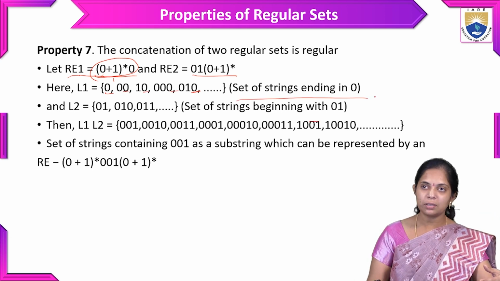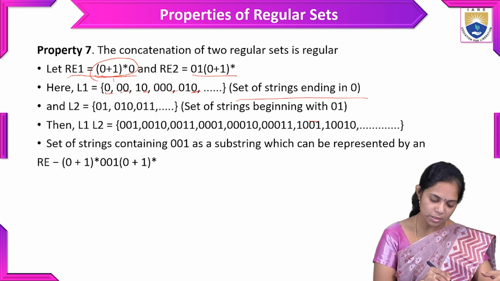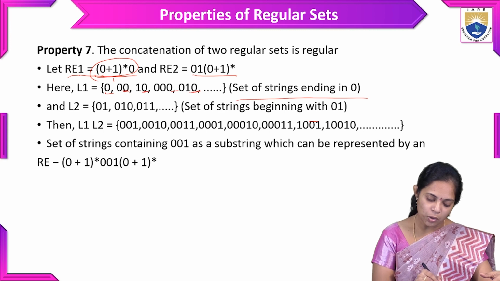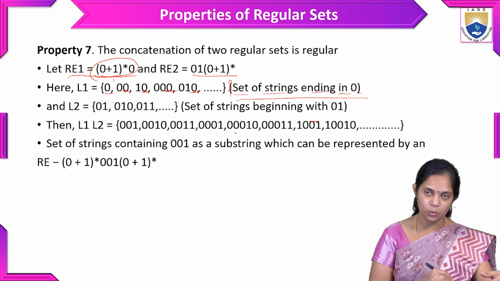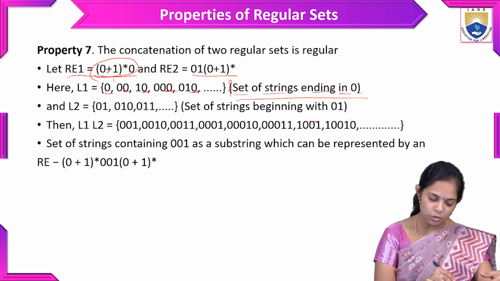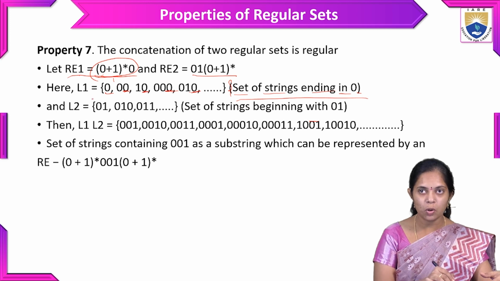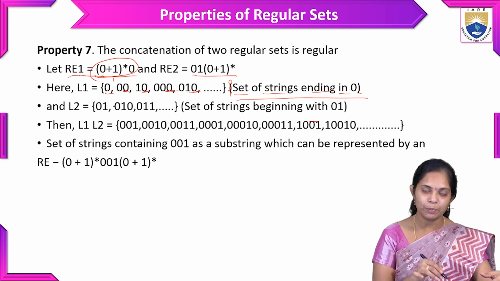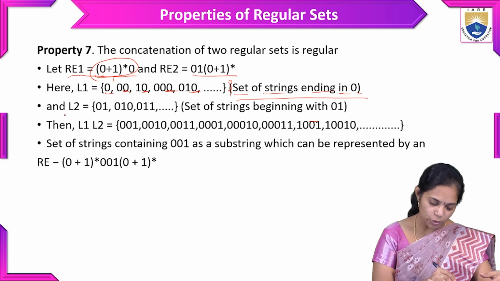So what is the regular set for this language? If you observe this language, all the strings end with 0. So we are saying it is the set of strings ending in 0, starting with 0 or 1, and with the empty symbol also. And what is regular language expression 2?